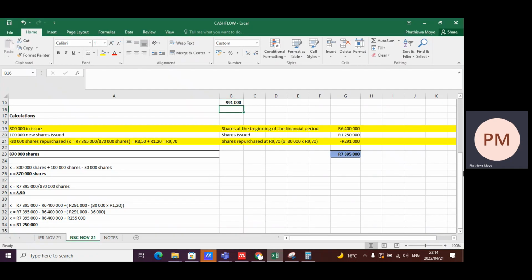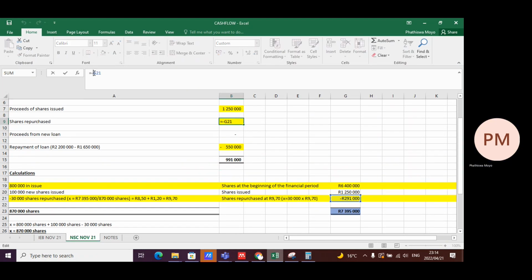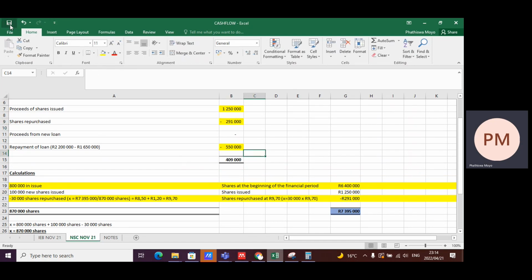It's my formulas, sorry about that. So this one we paid, so it's an outflow. This one isn't an outflow, this one is an inflow, guys. Are we happy about that?